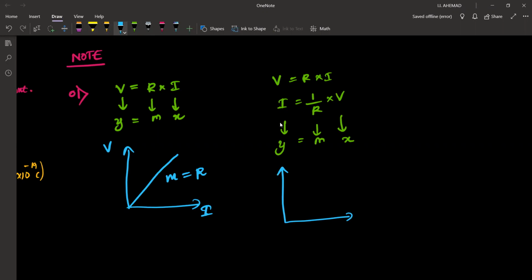Independent variable is V and dependent is I. Gradient is equal to 1 over R. So be careful about the question. In MCQs, you might get both these graphs, VI or IV. Depending on that, the gradient changes. 1 over R, we call this as conductance.